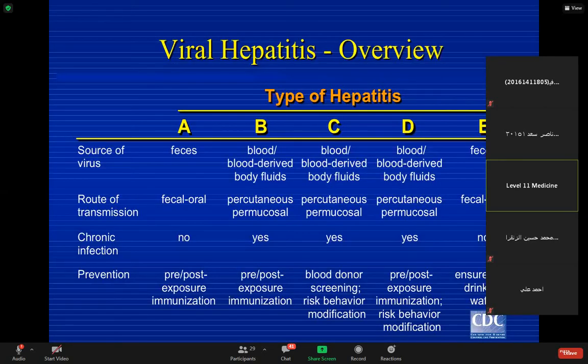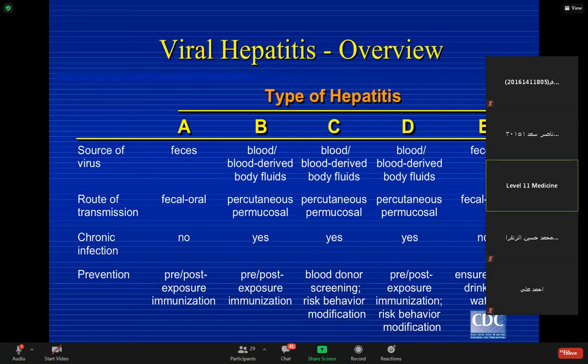Okay, so now let's talk about the viral hepatitis. We are aware of 5 types, A, B, C, D, E. Okay, who knows? There might be more than those 5 letters. We know that hepatitis A and E usually doesn't cause chronic infection. Usually they are acute. And the source of the virus or the mode of transmission for A and E, they are similar.